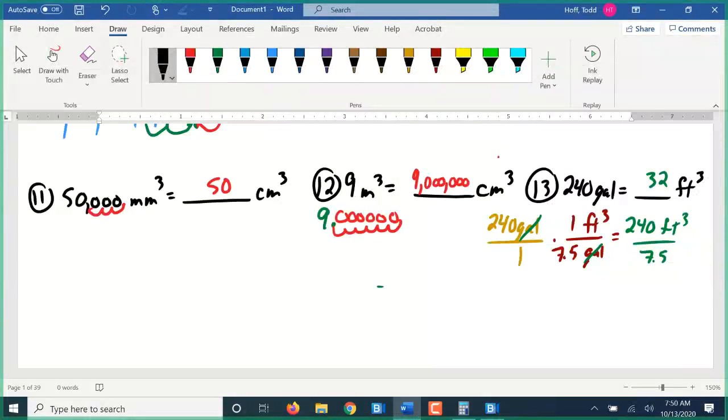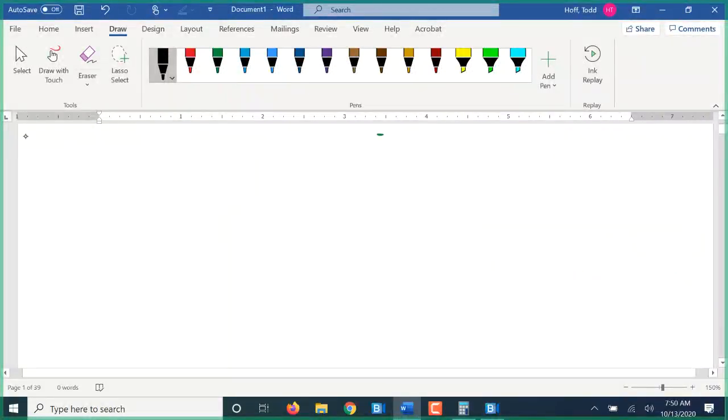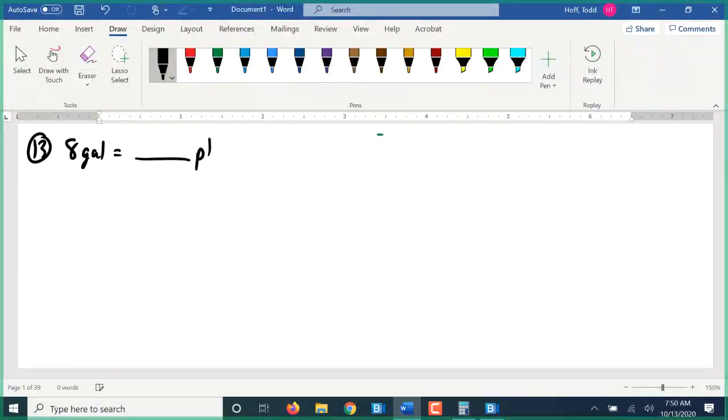Any questions on any of those? Well, let's have you try a few more. So 8 gallons is how many pints? We'll go from 4 gallons into cubic inches.